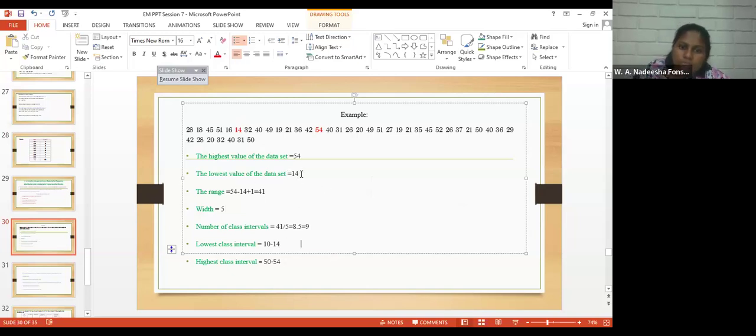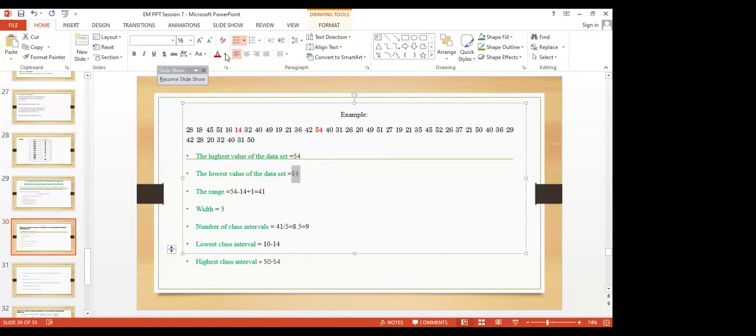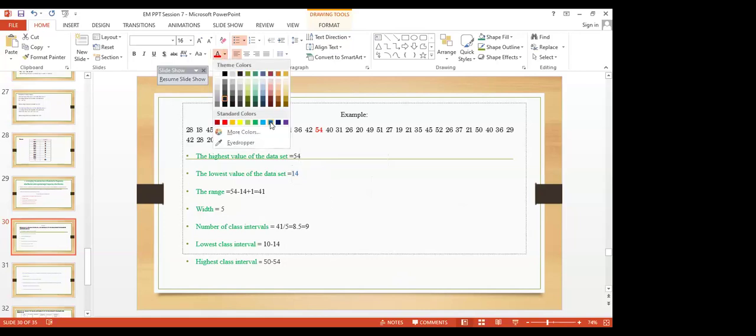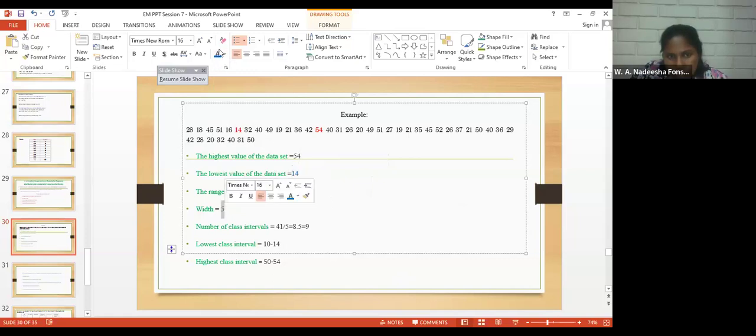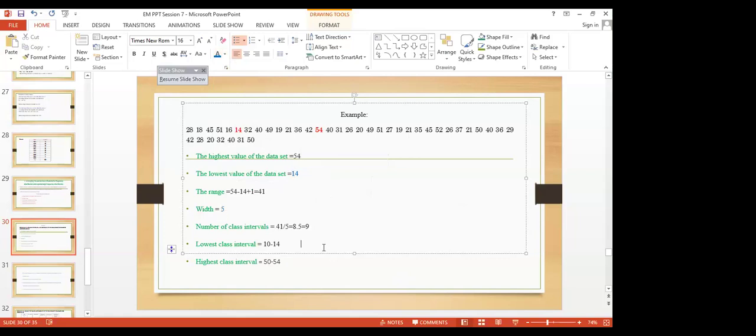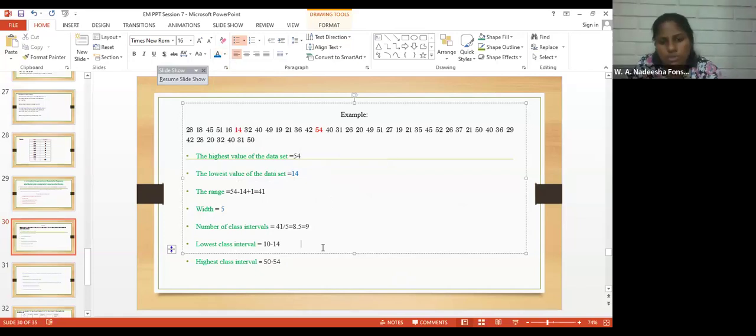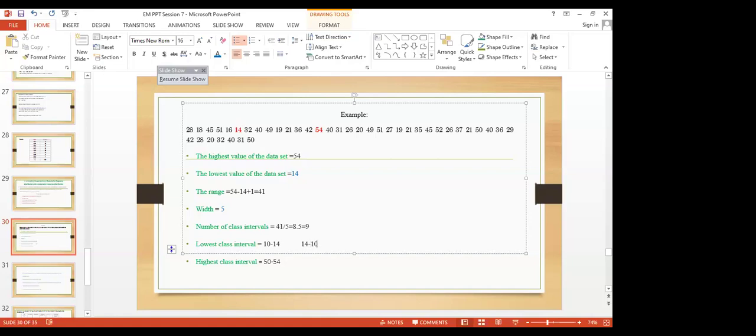So the lowest value is 14 and the class width is 5. By looking at these two, 14 and 5, we can't get the lowest class interval exactly like that. We have to suggest some other intervals also. Starting from 14, it becomes 14 to 10. Yes, 10. Very good.